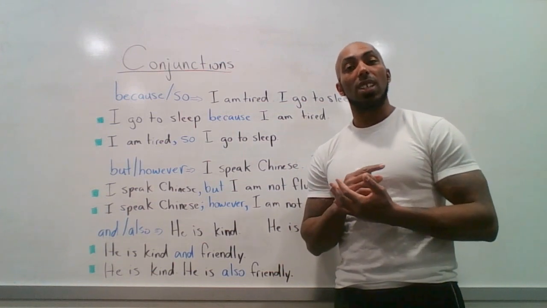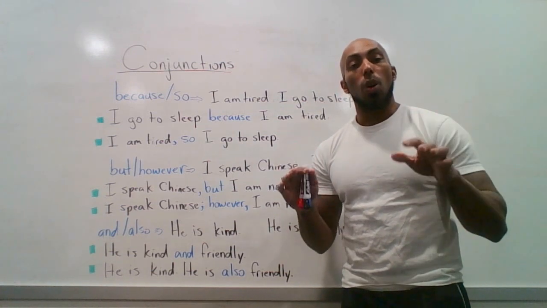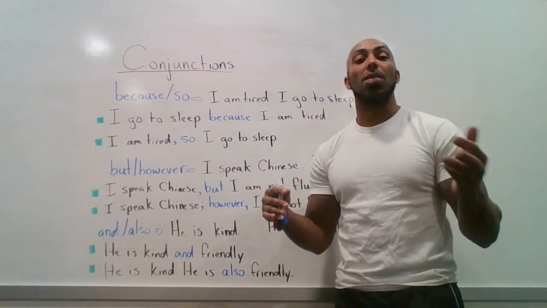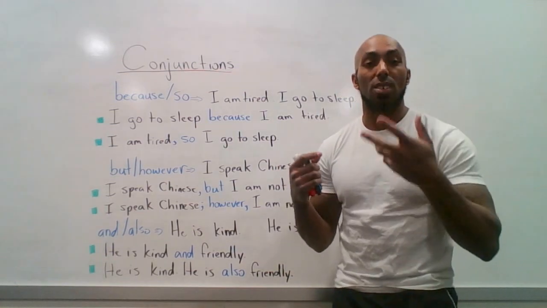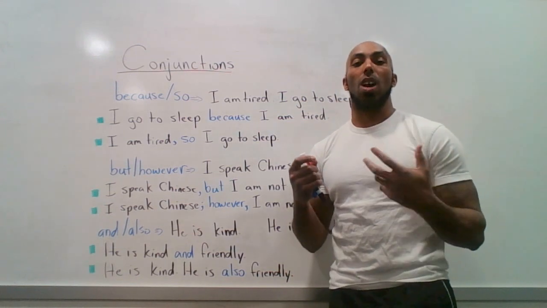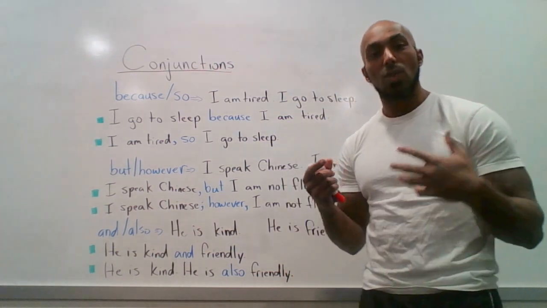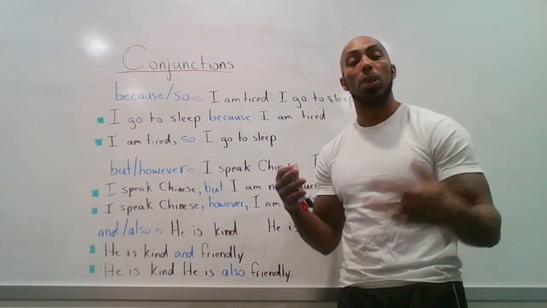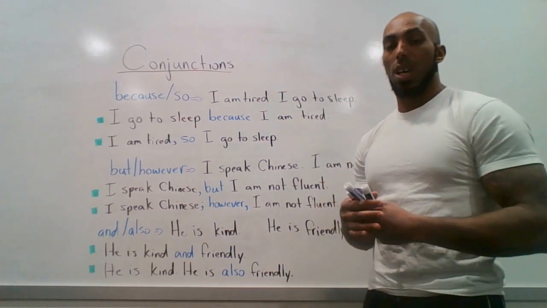So in English, the more ways that you have to say kind of the same thing, the better you will be at English. It makes you sound more fluent, like you know more English. And it's very helpful when you need to put together sentences.